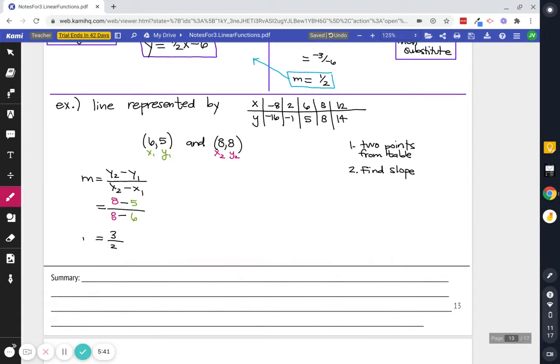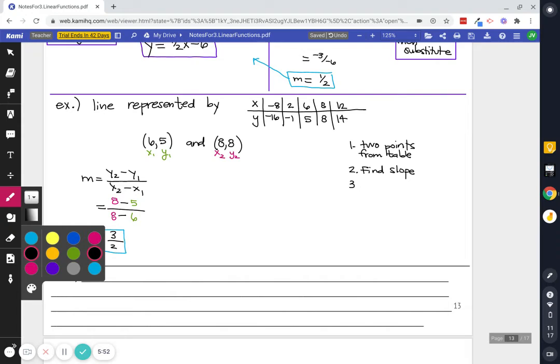So my slope and your slope is 3 over 2. So now, remember, in order to use point slope form, we need a point and a slope. We're always going to have a point, but it's the slope that sometimes causes a little extra step.